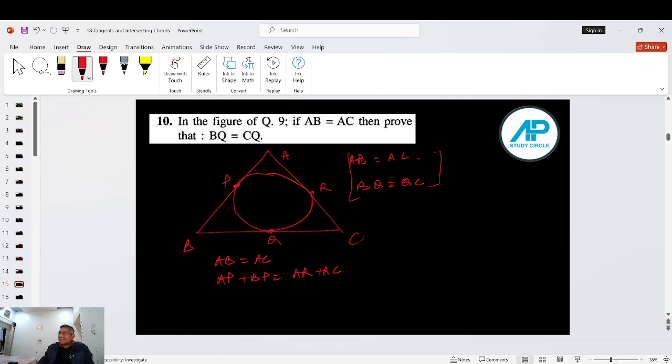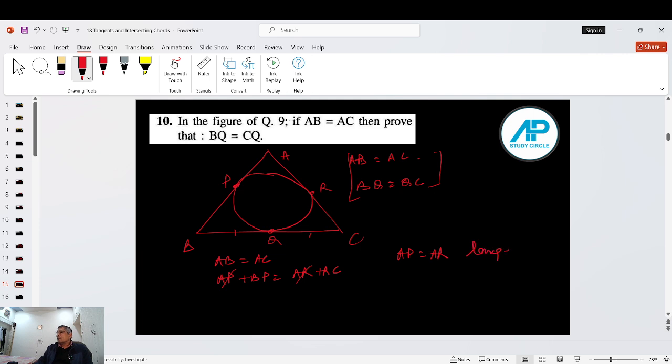You can see that we have AP, and we have split AB into two parts and AC into two parts. I need to show that BQ is equal to CQ. How can it be possible? Both sides, AP can cancel with AR, because AP is equal to AR.